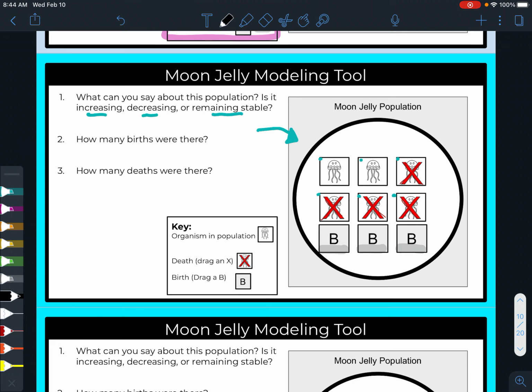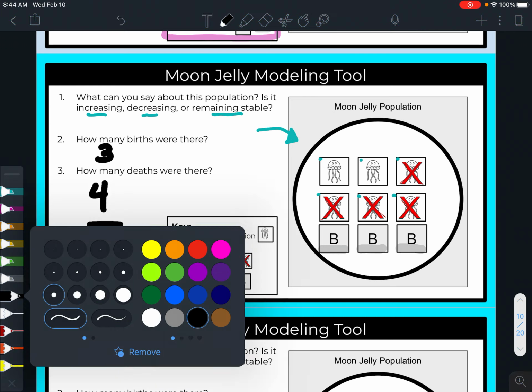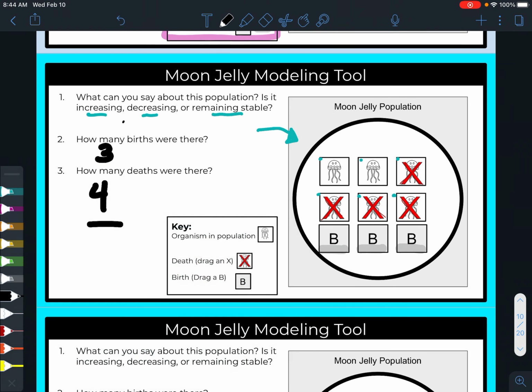So I can skip answering question number 1, and move on to 2 and 3. How many births were there? There were 3 births. And how many deaths were there? There were 4 deaths. Since we have more deaths than births, 4 is bigger than 3, we can say that this population is decreasing.